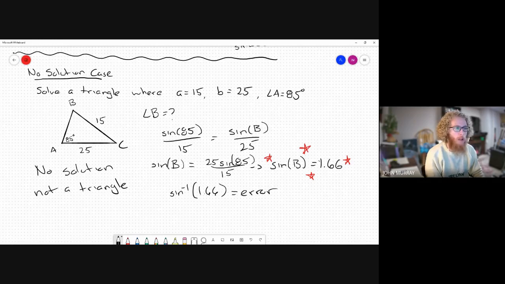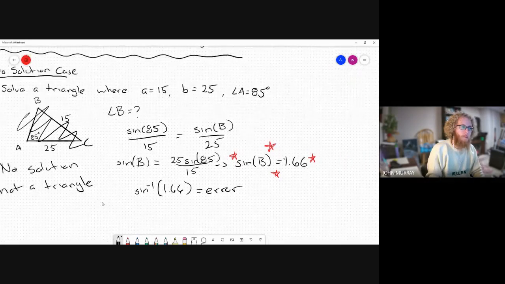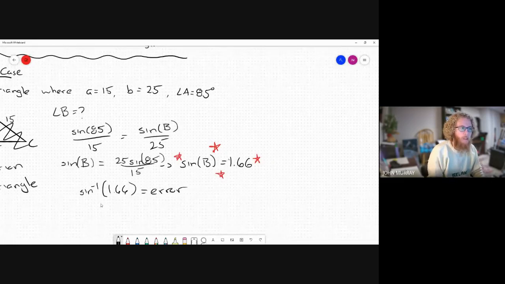Right? If I really wanted to draw out this information, I wouldn't have this because obviously that's not the situation I have. If I'm trying to be a little more accurate, if I set up an angle of 85 degrees, that's almost a right angle. Well, that's not perfect, but that's close.